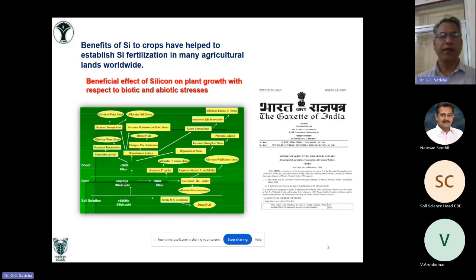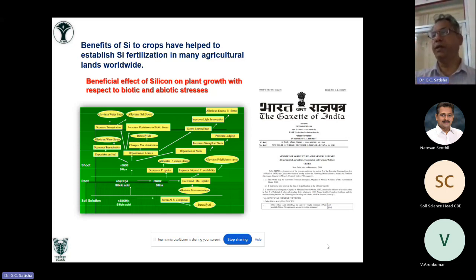This is one area. As for the importance of silica, when you apply it to soil, absorption happens only through the roots. Otherwise it is through leaves, shoots, or other products. Depending on the absorption in different parts of the plant, you have different resistance capacity.